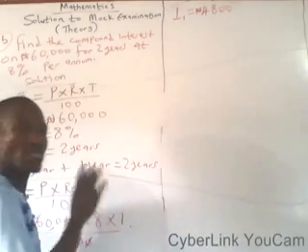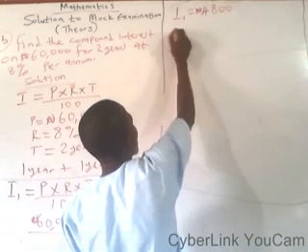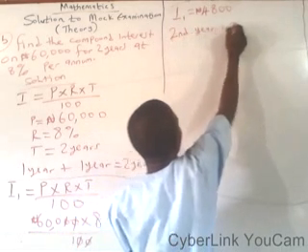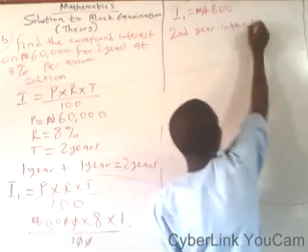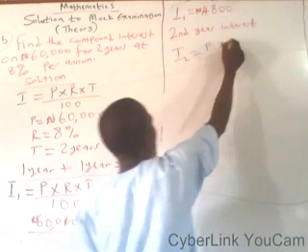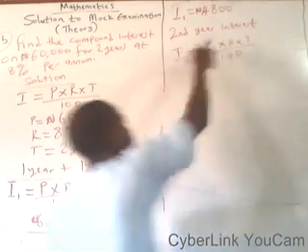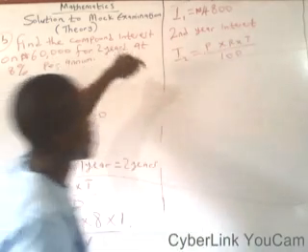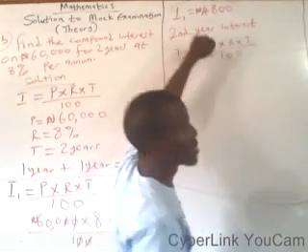Now the interest for the second year. That is going to be I2, the interest for the second year. I2 is equal to P times R times T all over 100. In this case, the principal that we use for the first year is not the same principal that we are going to use for the second year. How do we determine the principal for the second year?